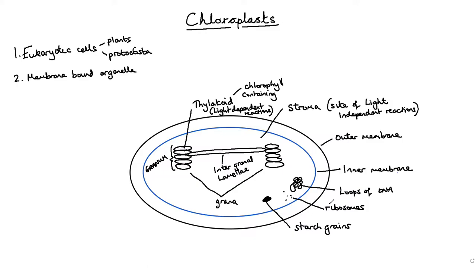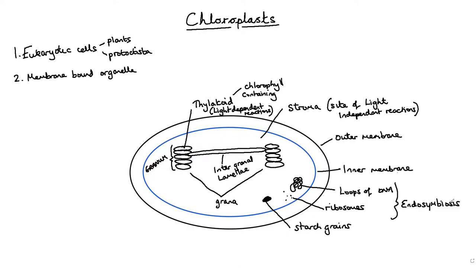However, you do find them inside the chloroplast and also inside the mitochondria. And the same goes for ribosomes. You normally find them in the cytoplasm of eukaryotic and prokaryotic cells, but they're also found inside chloroplasts and mitochondria. And again, these are thought to be due to a process that took place called endosymbiosis. And I will come back to that on another video, as I said earlier.